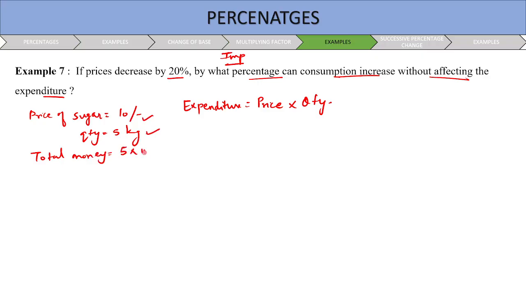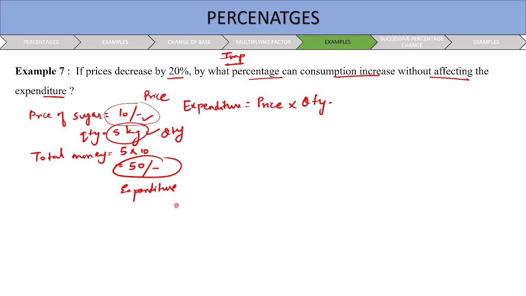So you would have spent 5 into 10, which is 50 rupees. So this 50 rupees is your expenditure, correct? How have you done it? By purchasing sugar which is 10 rupees in price, and you have purchased a quantity of 5 kg. Your expenditure is nothing but your price into quantity, which I have written over here. So I hope this formula is clear to you.